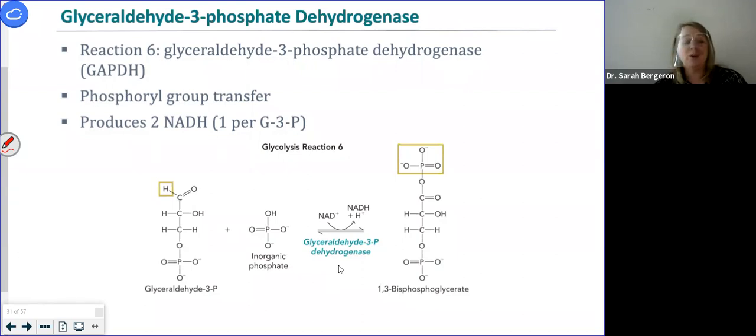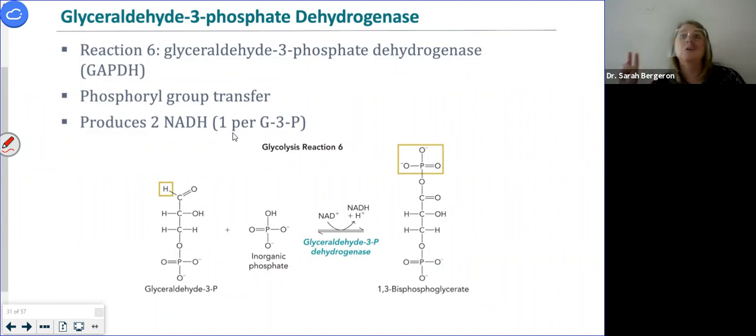But when we phosphorylate it, what happens? What do we lose? We lose a hydrogen. Where does that hydrogen go? That hydrogen goes to NAD+, and we're going to make NADH. So you're going to make actually 2 NADH molecules per pair of glyceraldehyde 3-phosphates, right? So you're actually doing it twice because you have 2 glyceraldehyde 3-phosphates.